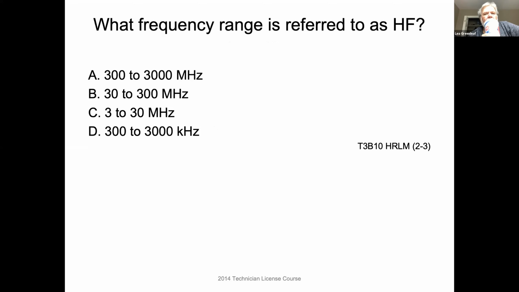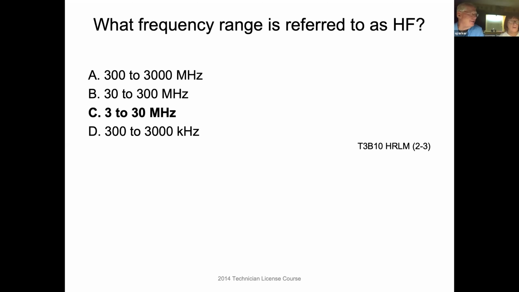What frequency range is referred to as HF? C. I think I heard some wrong answers. Yeah, we got C. It's number C: 3 to 30 megahertz.